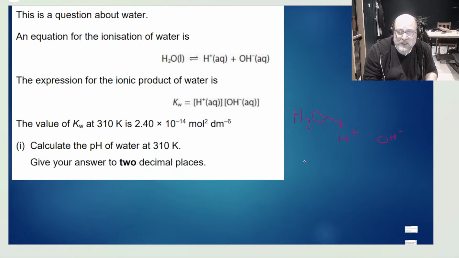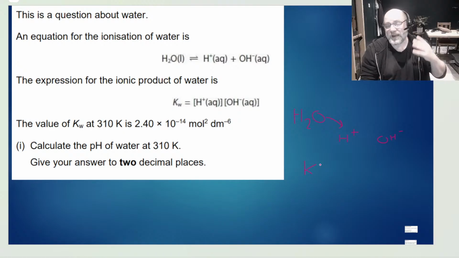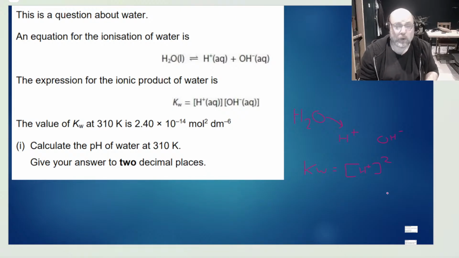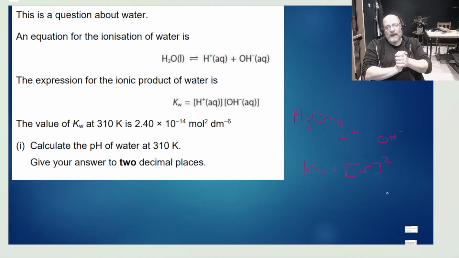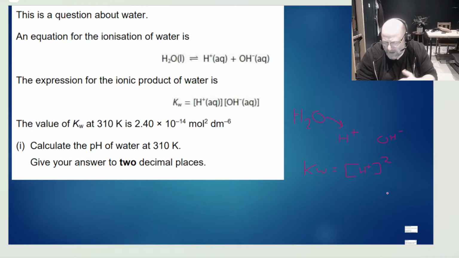We're dealing with pure water, there's no salt in this, there's nothing else. They should have said in the question that it is about pure water, but never mind. We can assume when we're dealing with pure water that Kw is equal to H plus squared. So now you can calculate its pH by rearranging that. See if you can calculate the pH, guys.